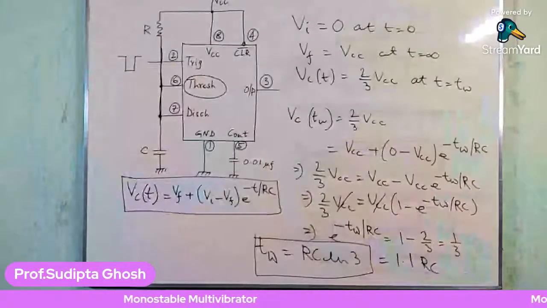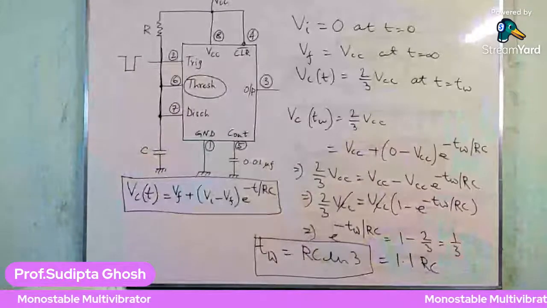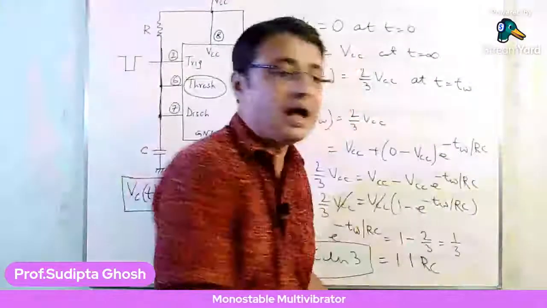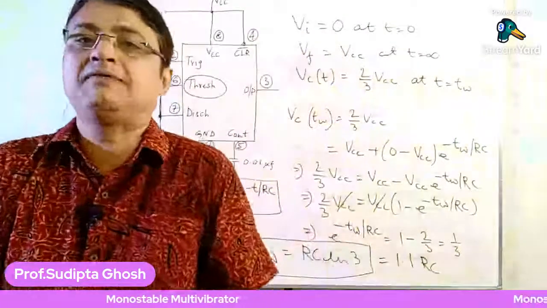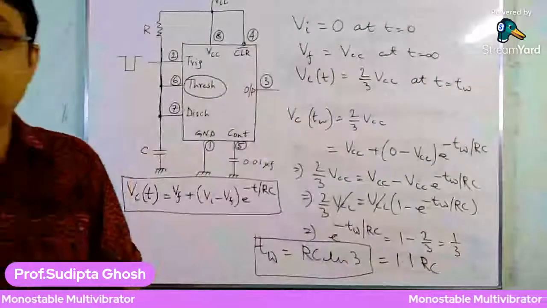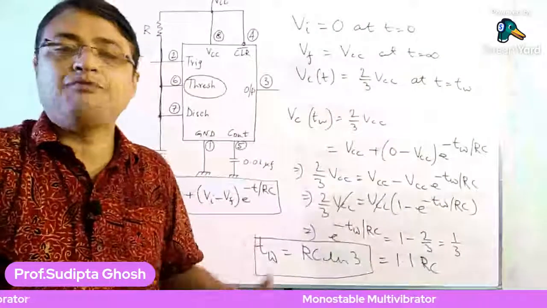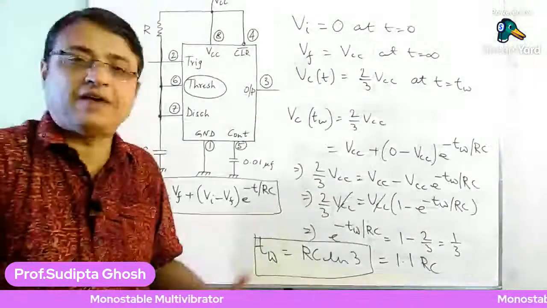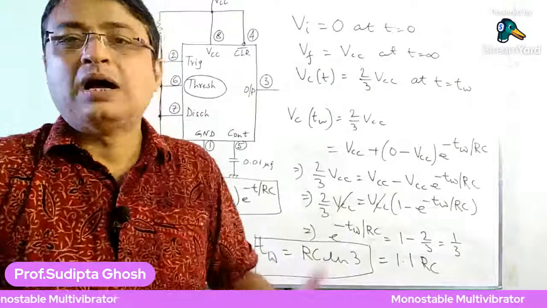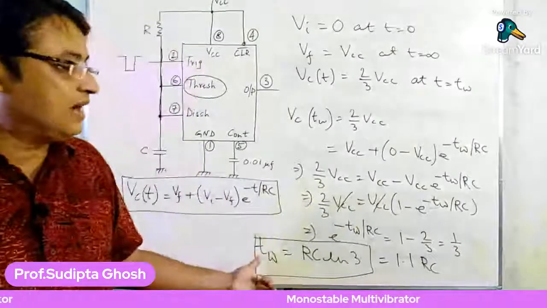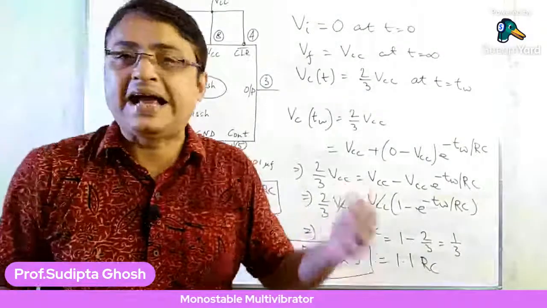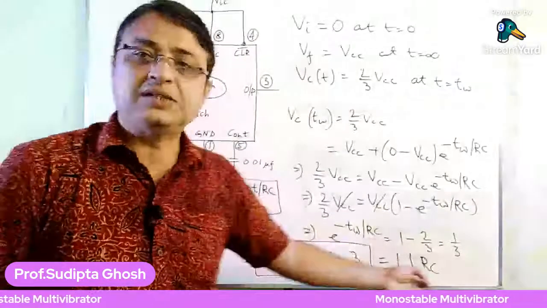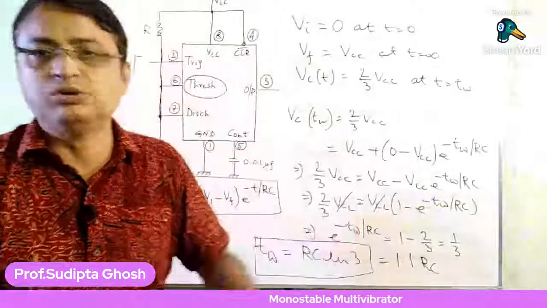Okay, if we are interested in having a predetermined pulse width for a monostable multivibrator, if we have a value of TW at first, then putting the value of TW and selecting any value for the capacitor, we can find from this expression the value of R to be used in the circuit.